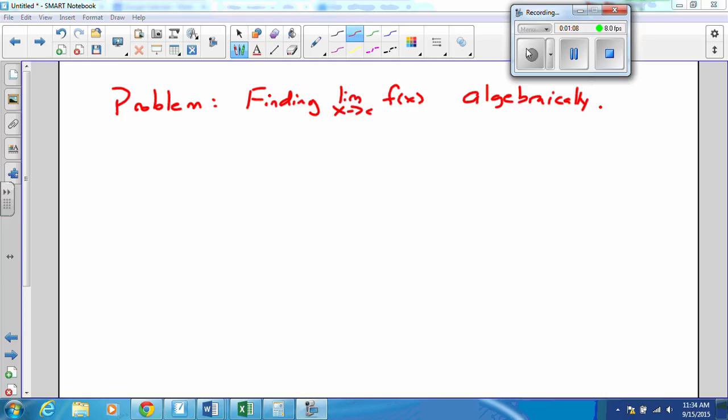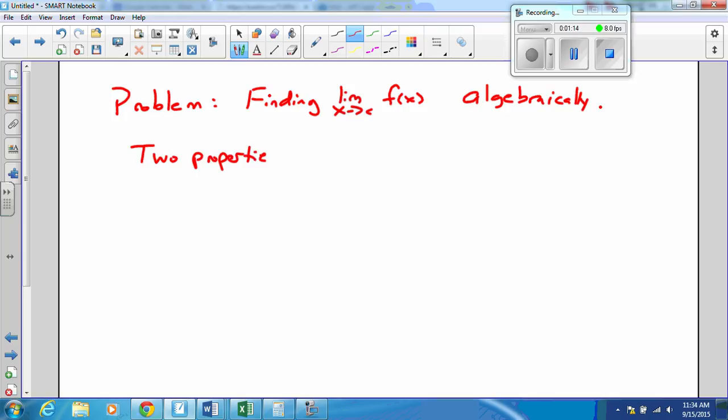So, here we go. We're going to have two properties that directly evaluate limits. And my first property is this. We call it the constant rule.